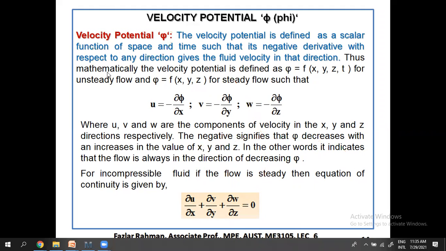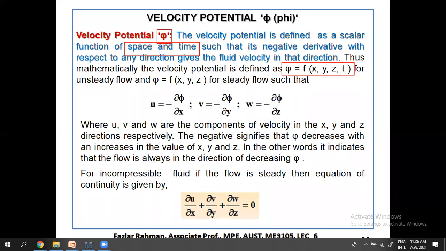Okay. Velocity potential is represented by the letter phi. It is defined as a scalar function. That means it doesn't have any vector. A scalar function of space and time. That means this phi is a function of x, y, z and also t, because it is a function of space and time, such that its negative derivative.